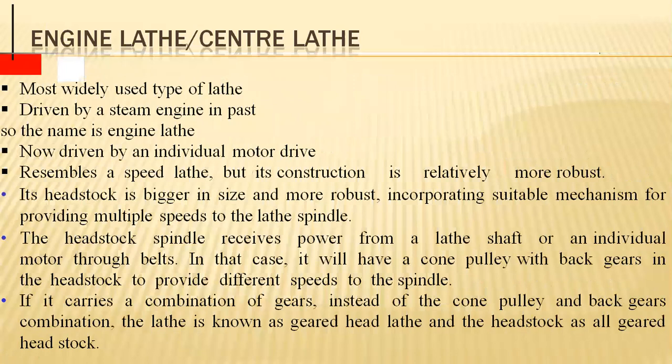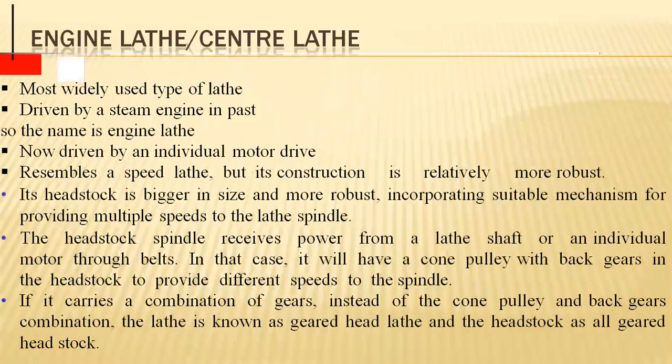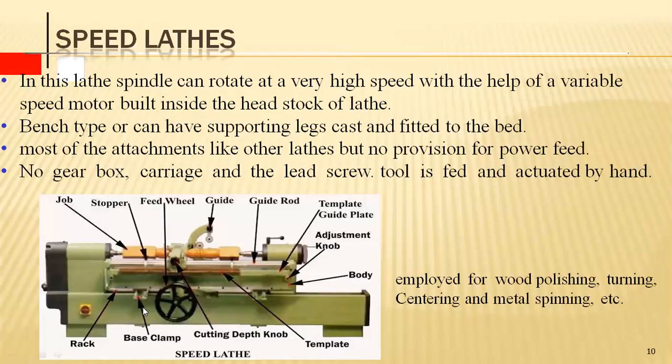Coming to the engine lathe or center lathe, we need a detailed discussion. Almost all the equipment is very similar. Let's review the parts. This is the bed, and these are the legs that support the entire bed.